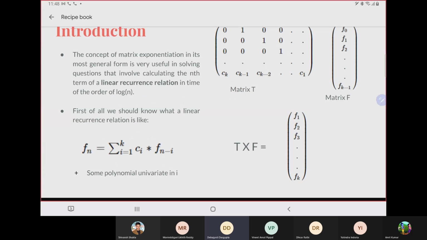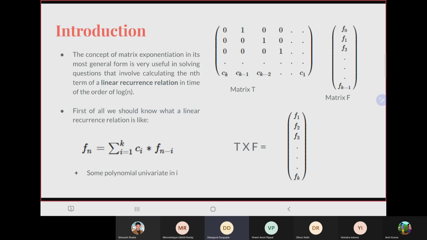So what you can do instead is apply a matrix transformation. This big matrix that you see, matrix T, is known as a transformation matrix, and F is my current matrix which will contain my current terms. So F0, F1, F2 are basically the starting k terms of the recursion.